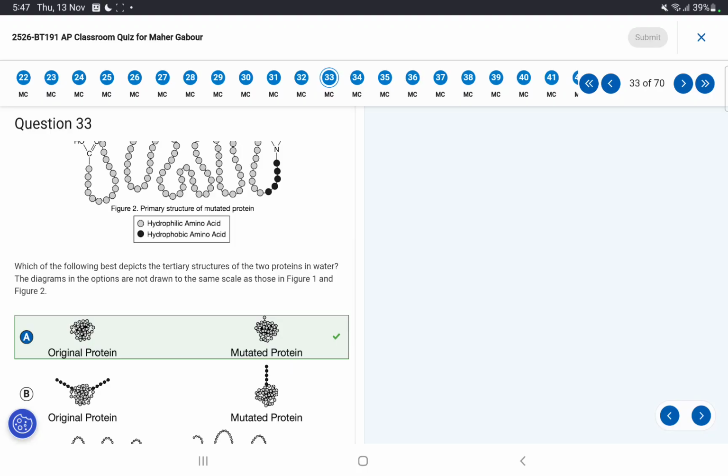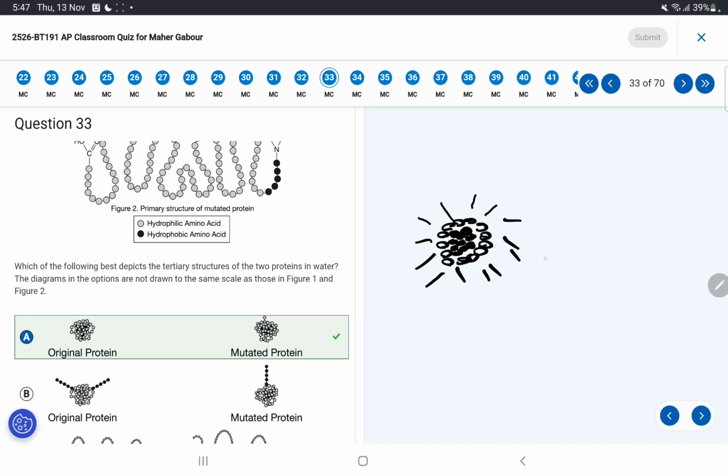Here they're just asking you about the hydrophobic interactions. They're just asking you about the tertiary structure. Obviously, we know that the tertiary structure will have the hydrophobic parts inside, hiding away, and then the hydrophilic parts, the polar parts, the charged parts outside in water.